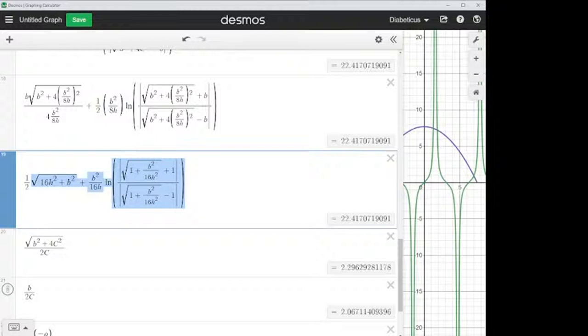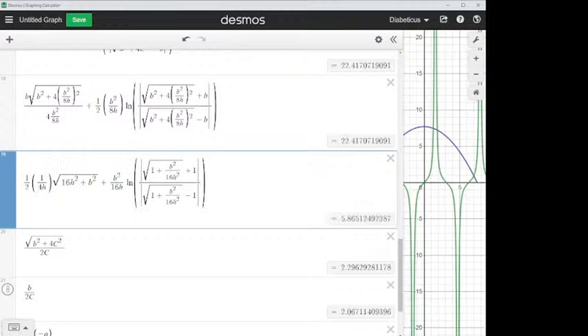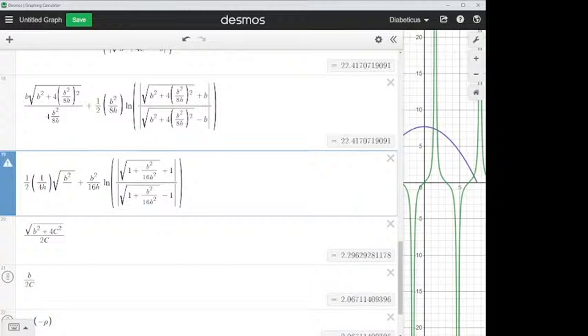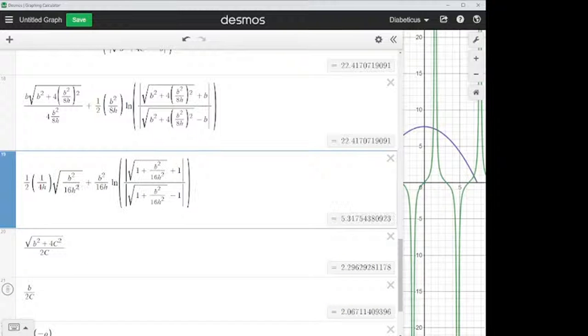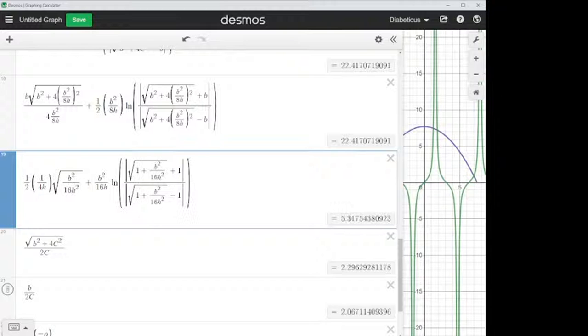How about this guy then? What about this? Let me do it for this guy. 4h. What was this? H squared. Not 2h squared. Wait, what? What is this? Am I drunk or something? What am I doing wrong here?